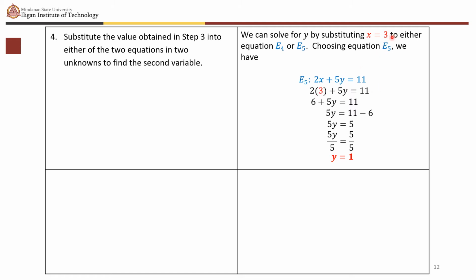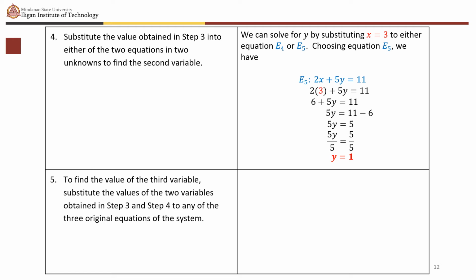We substitute x equal to 3, and we have 2 times 3 plus 5 times y equals 11. Since we have 6 plus 5y equals 11, we can subtract 6 from both sides and come up with 5y equals 5. Dividing both sides by 5, we now have y is equal to 1.